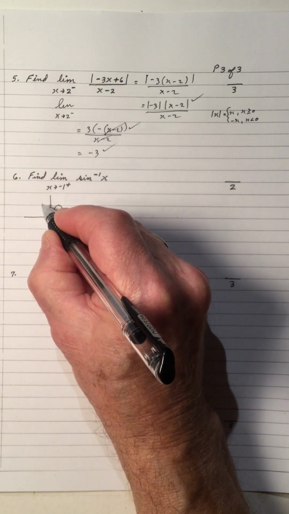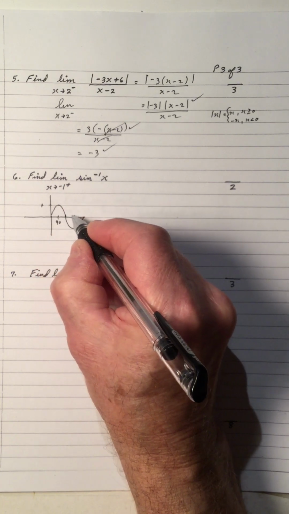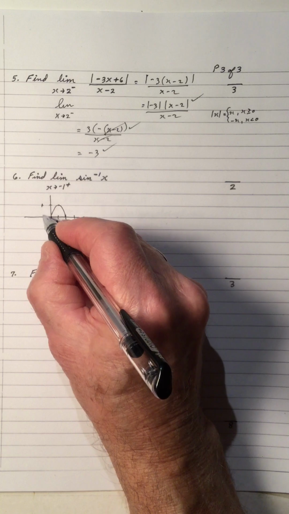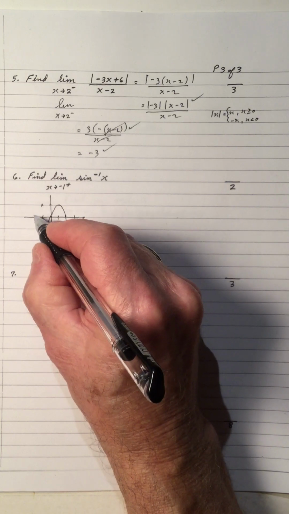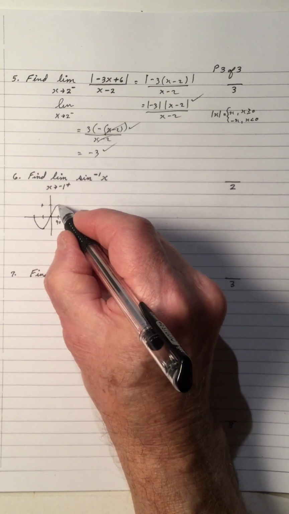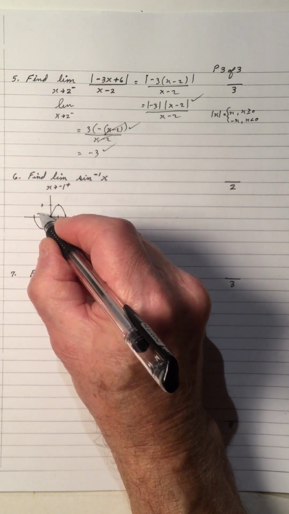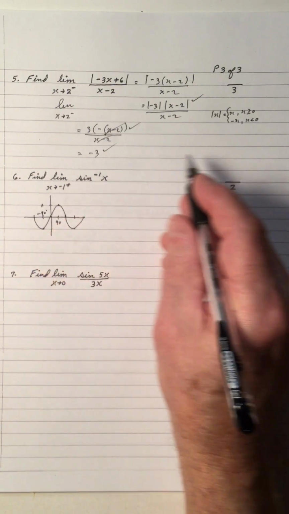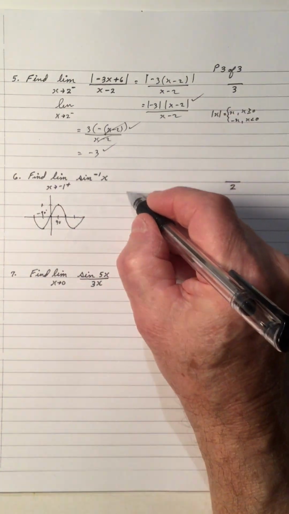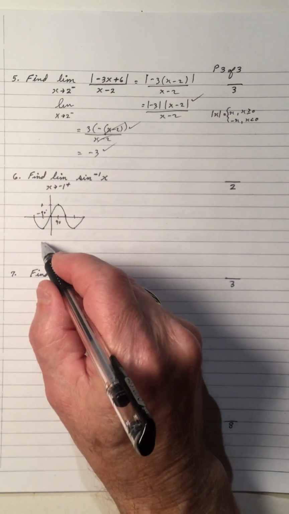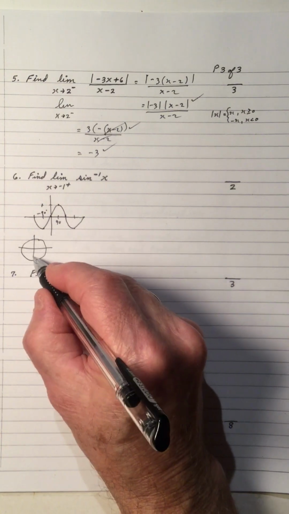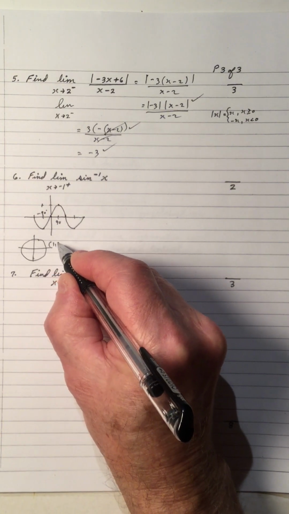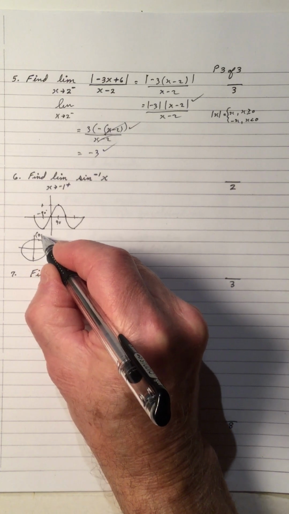This is a 1, this is 90, 180, etc. On the other side, it goes like this. Again, we're looking at the unit circle, and we have 1, 0, 0, 1.